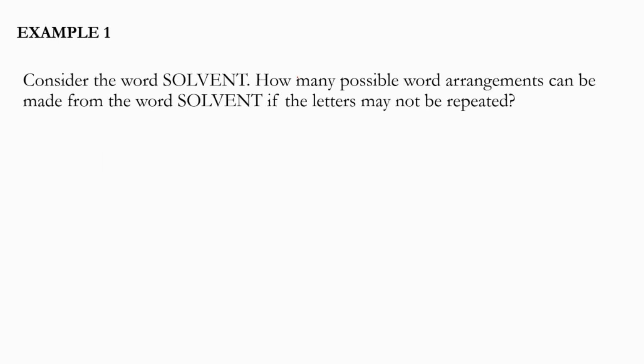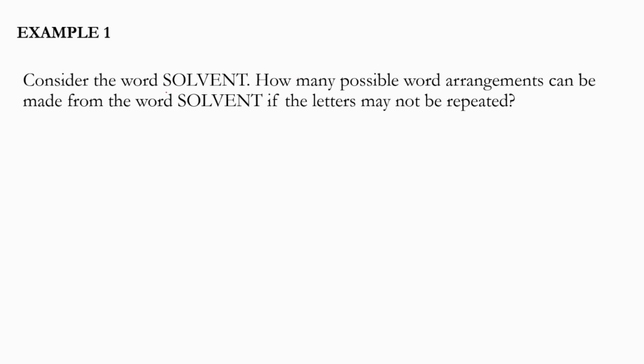Okay, let's look at this example. Consider the word solvent. How many possible word arrangements can be made from the word solvent if the letters may not be repeated? How many letters do we have? We have 7 letters, meaning that we have 7 spaces.